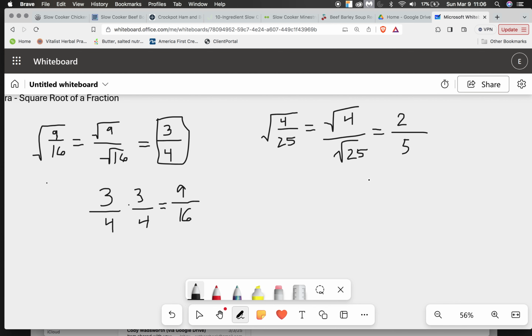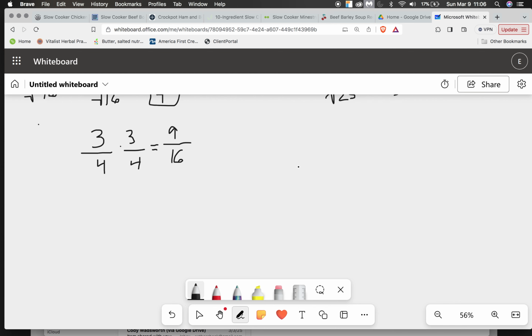Sometimes you might run into a question like this one. What if we had the square root of b divided by 9? What are we going to do here? Well, obviously, when we don't know what b is, there's not a lot we can do, but we can rewrite this as the square root of b divided by the square root of 9.